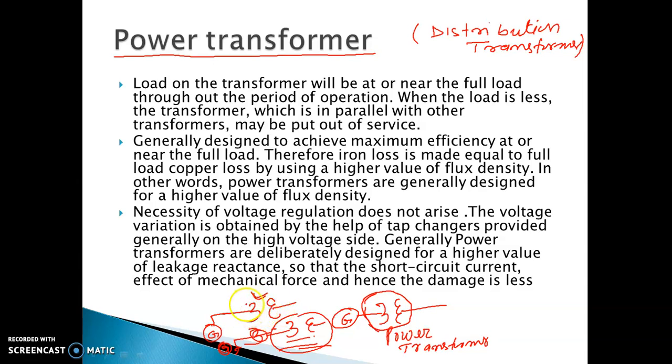So its design is such that its efficiency should be maximum at full load for a power transformer.